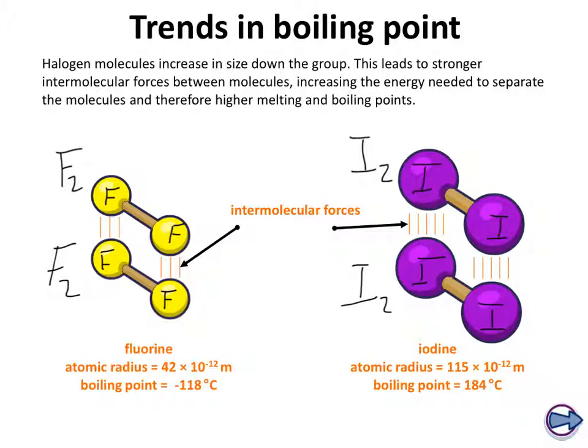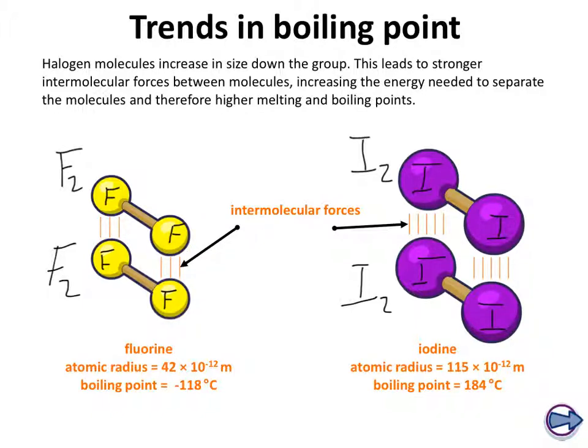And the thing that sticks the molecules together are forces. So the forces would occur between the molecules in this area and in this area here. And those forces between the molecules are called intermolecular forces, between the molecules.